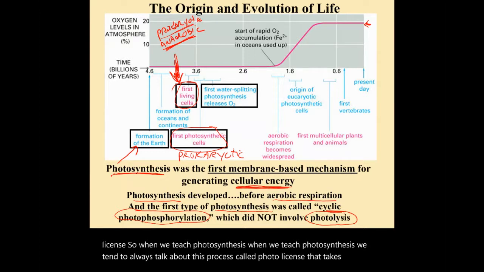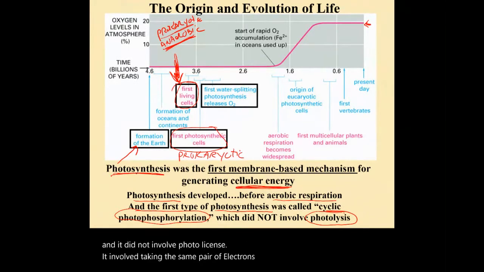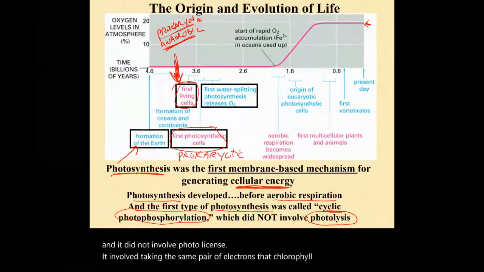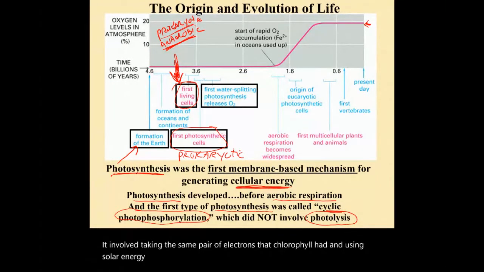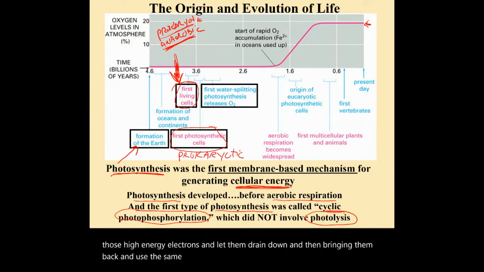But the very first type of photosynthesis was called cyclic photophosphorylation, and it did not involve photolysis. It involved taking the same pair of electrons that chlorophyll had and using solar energy to raise a pair of electrons to a higher energy level, and then release those high energy electrons and let them drain down, and then bring them back and use the same pair of electrons again.